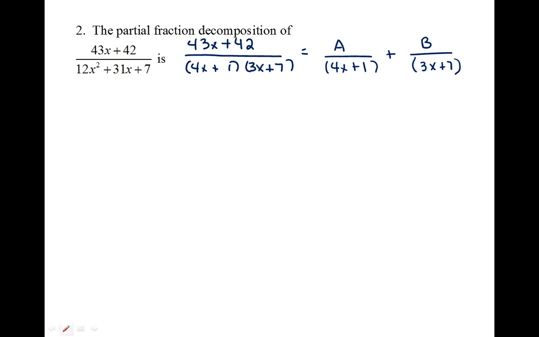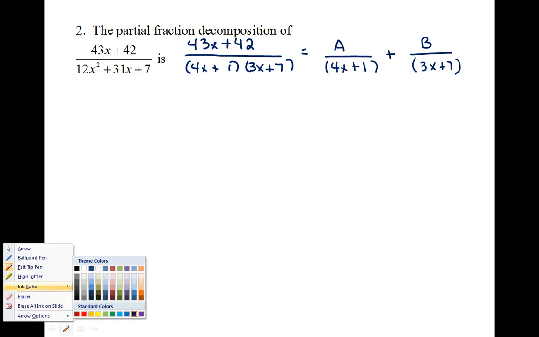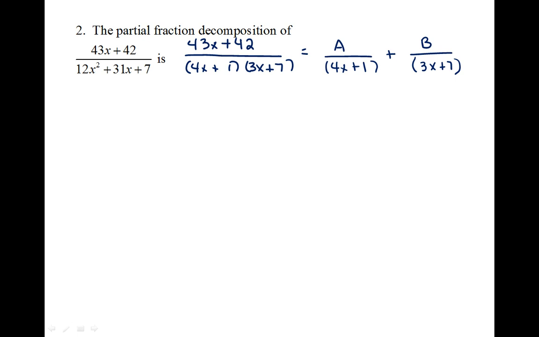So now let me just grab a different color. Now I'm going to multiply everything by the least common denominator, which is 4x plus 1 times 3x plus 7.